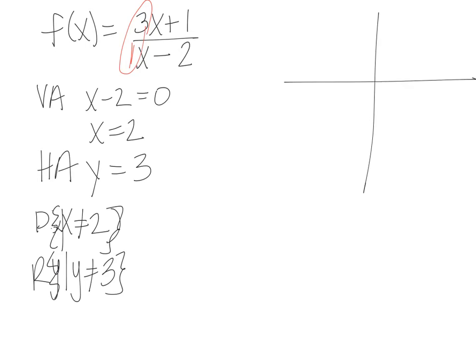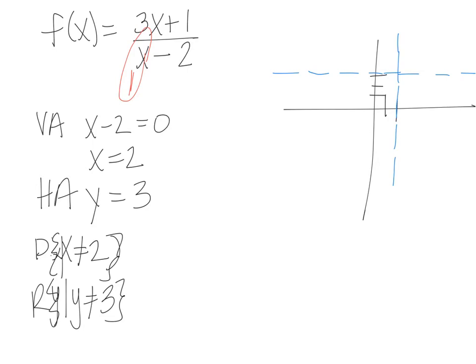So I draw my asymptotes on here, positive 2, positive 3, those in blue, and in this one we definitely have to plug in some points to find out which way it's going to go. So we're going to plug in these numbers here, 1, 0, 3, and 4.